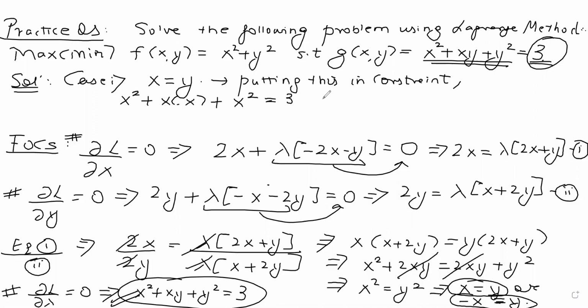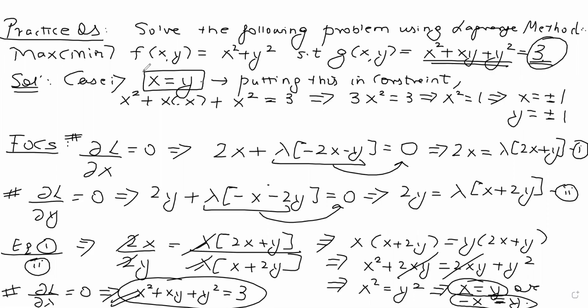This is equal to 2. So 3 times x square is equal to 2, which implies x square is 1, which implies x is equal to plus minus 1. And if x is equal to plus minus 1, I can write y is also equal to plus minus 1 because x is equal to y. Okay, so this is one possible solution I have.